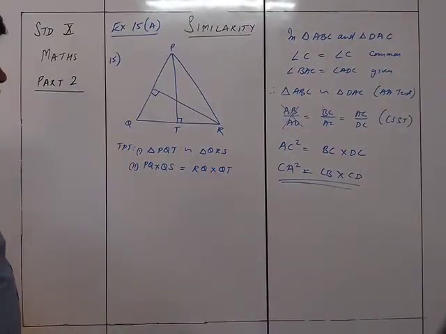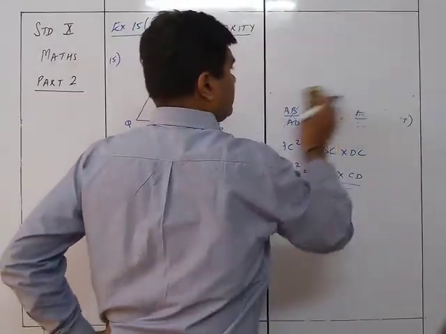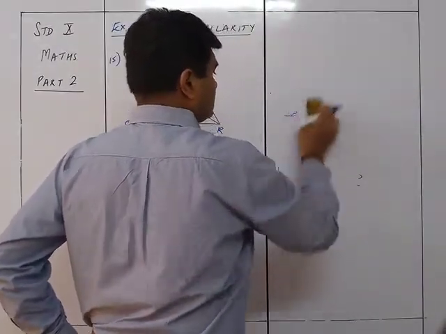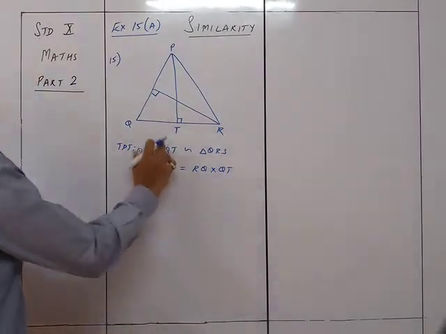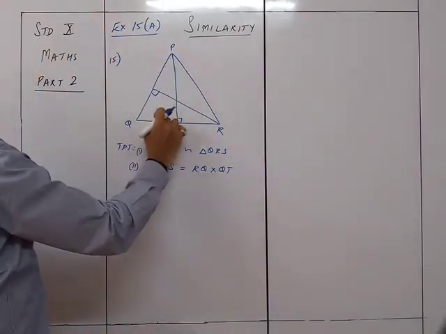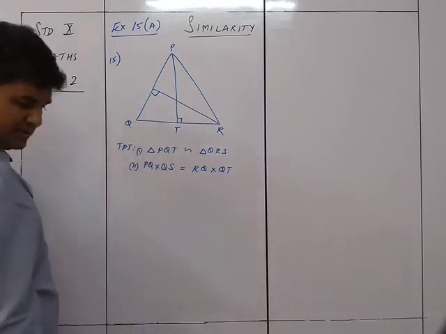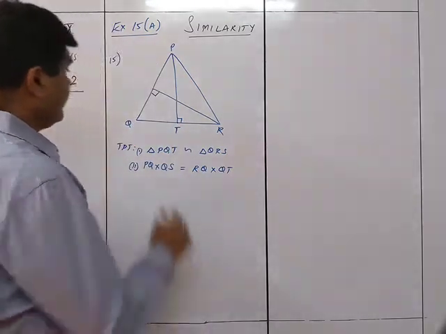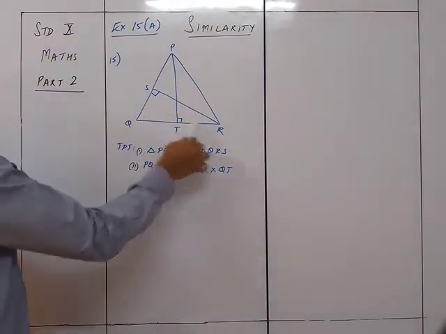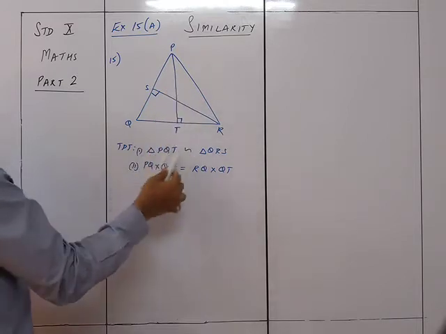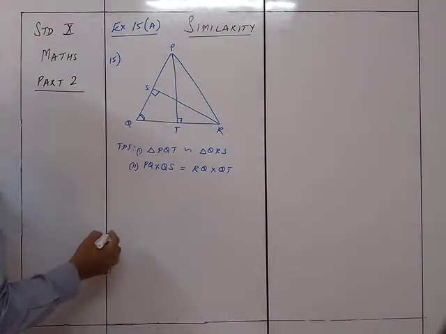Okay, so let's start. PQT, that is this triangle, and QRS. Sorry, S is here. Okay, so this triangle and this triangle, so you can see Q is common and this is 90-90 each, very simple.